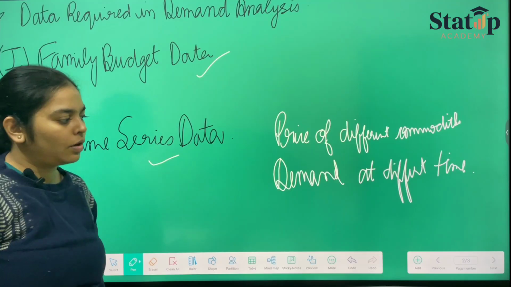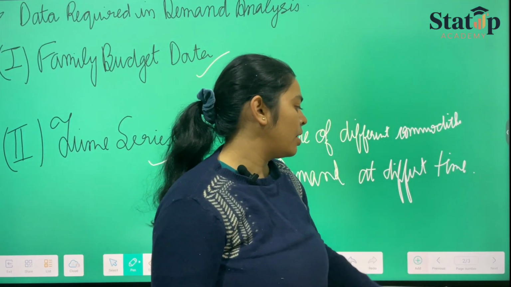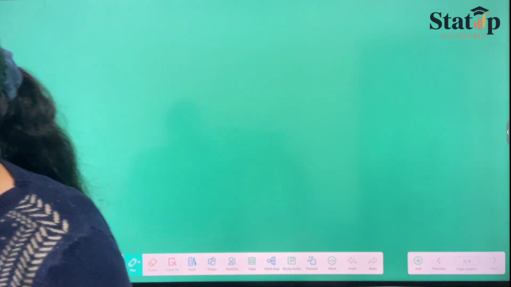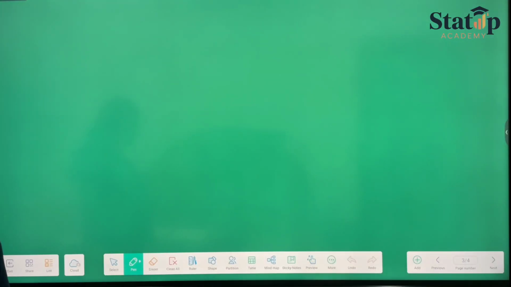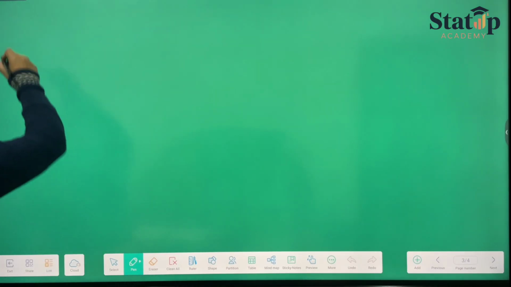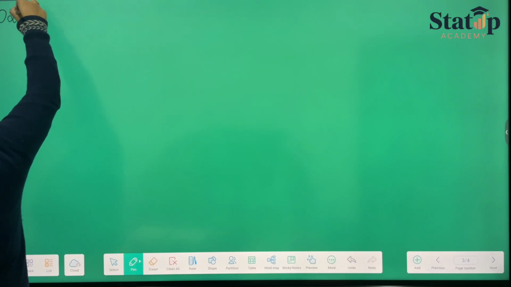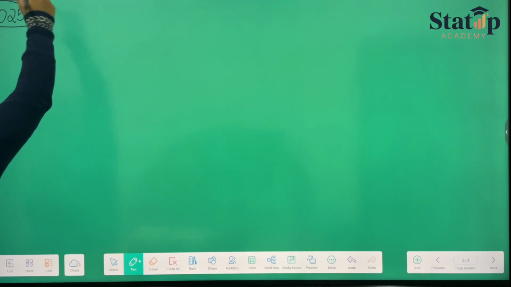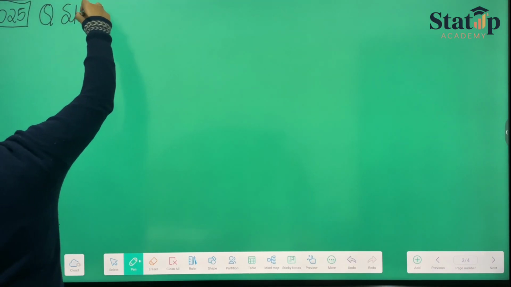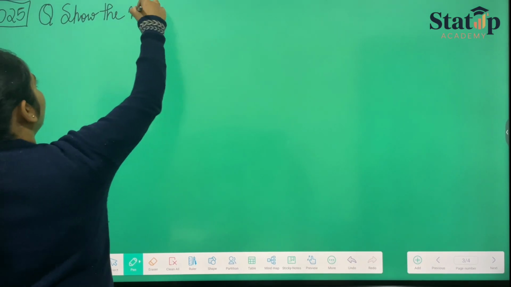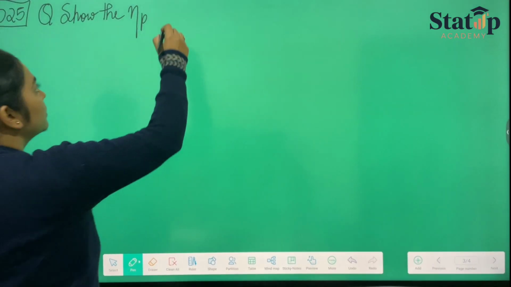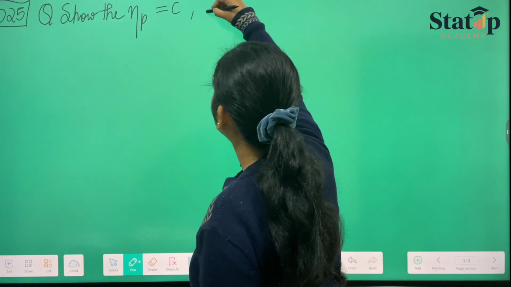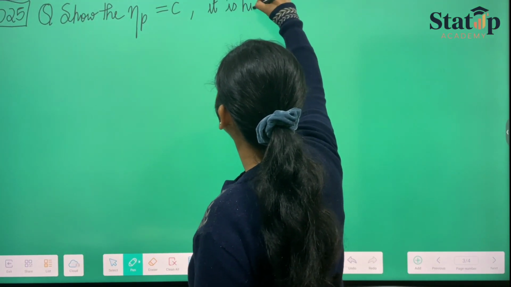And moving forward, let us do one PYQ of the year 2025. The PYQ says: show that a demand curve with constant price elasticity of demand is a hyperbola in shape. We have to show that when the price elasticity of demand is constant, then it is a hyperbola.